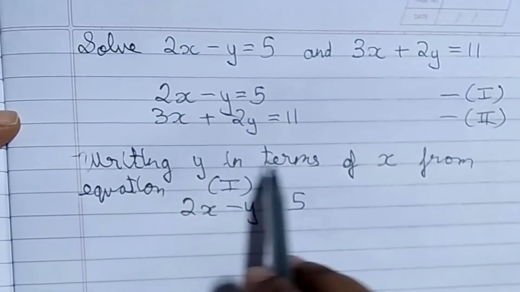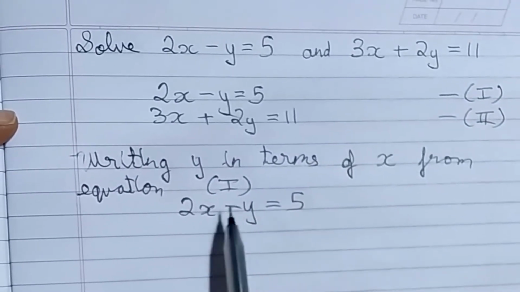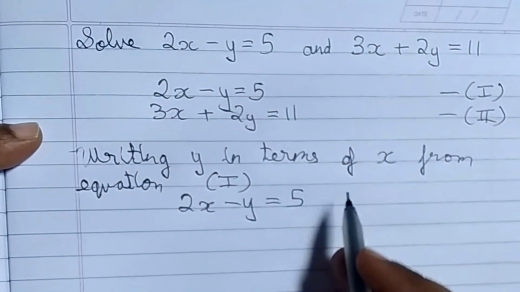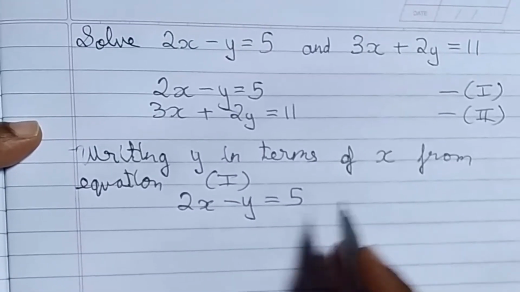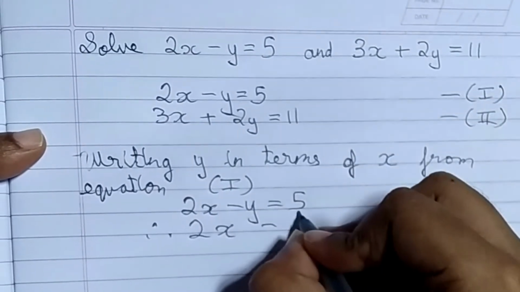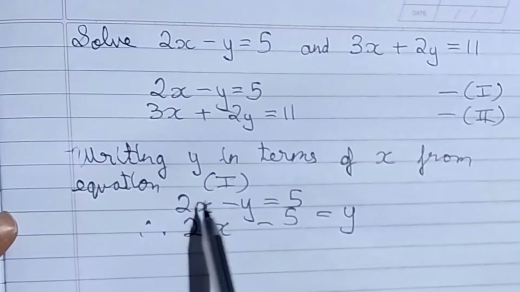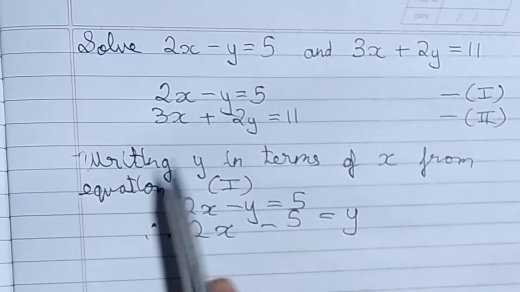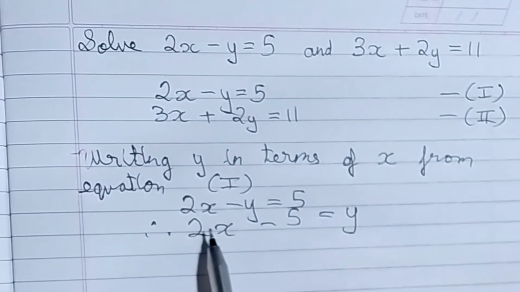If we take 5 to the other side and y to the right hand side, therefore 2x minus 5 equal to y. So we have taken 5 this side and y this side. That is y equal to 2x minus 5.